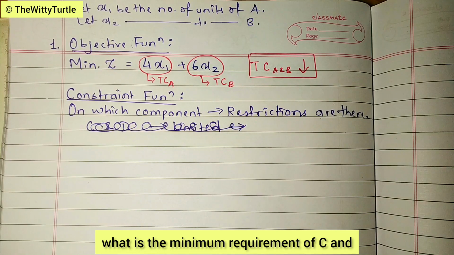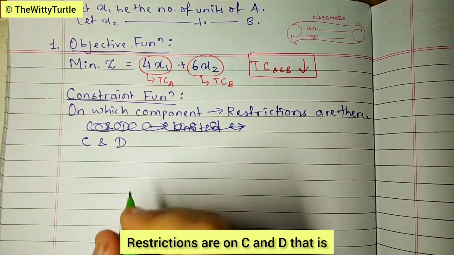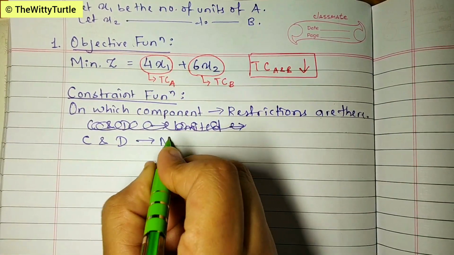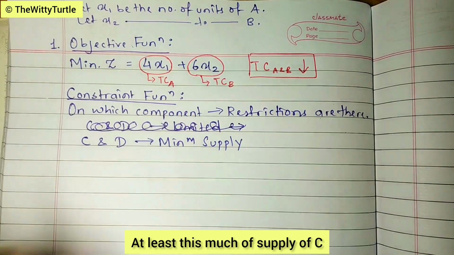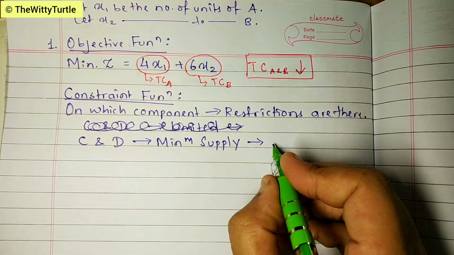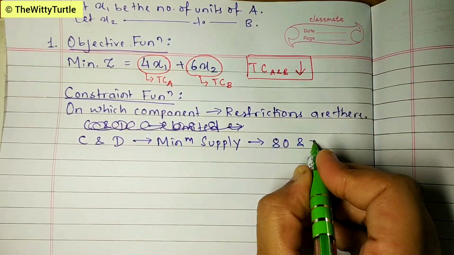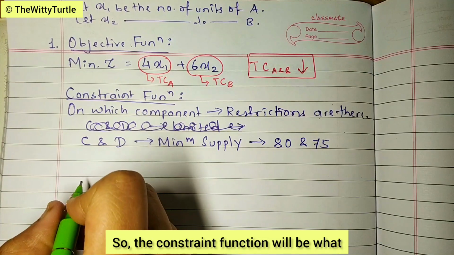Like what is the minimum requirement of C and D? Restrictions are on C and D, that is minimum supply. At least this much of supply of C and D must be there. They are 80 and 75, right?